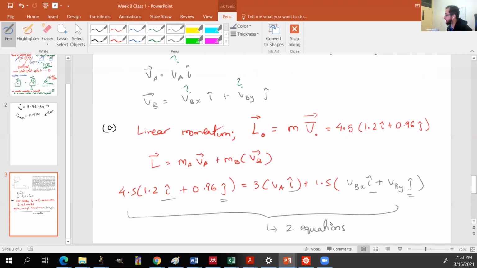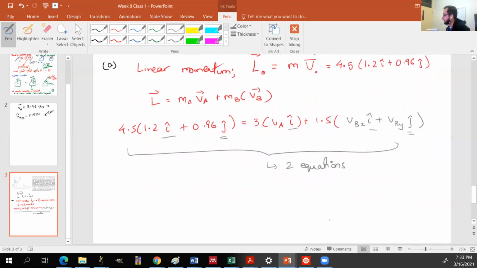All right, then you need one more equation, and that you get from the conservation of energy. There's no external force, so energy just remains conserved.